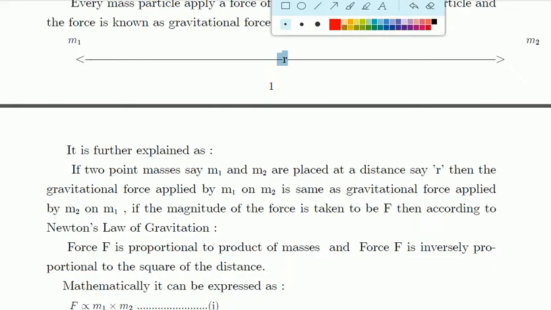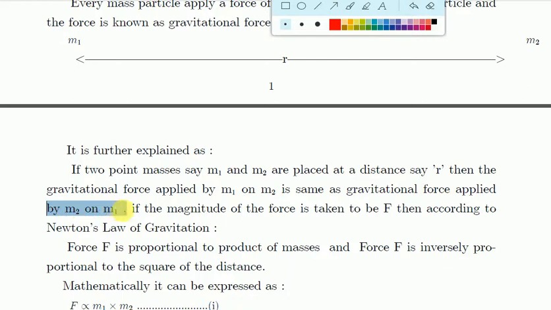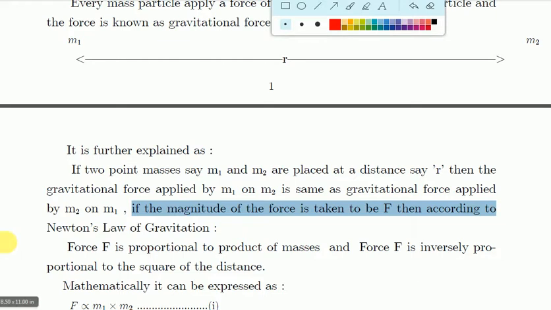It is further explained as, if two point masses m1 and m2 are placed at a distance r, then the gravitational force applied by m1 on m2 is the same as the gravitational force applied by m2 on m1. In fact, force is the same means the magnitude of the force is the same.